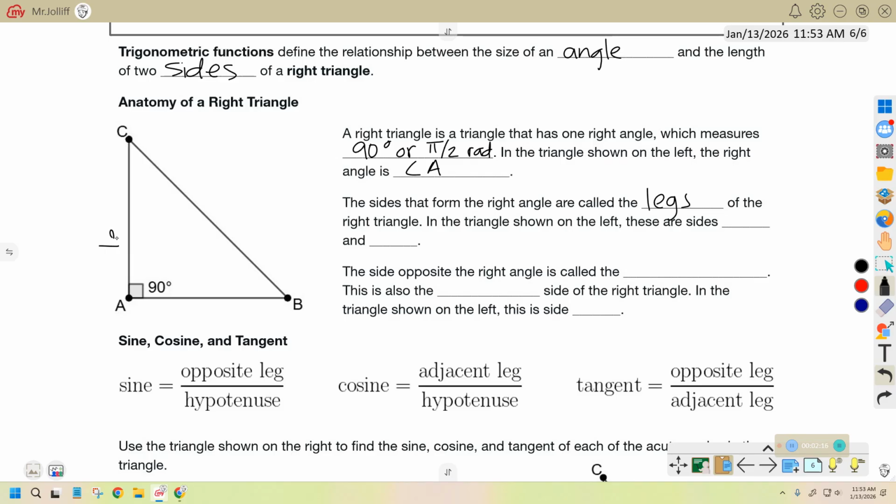So this is a leg, and this is a leg. So the legs are the two sides that form the 90 degrees. So in this picture, AC and AB are the legs of my triangle.